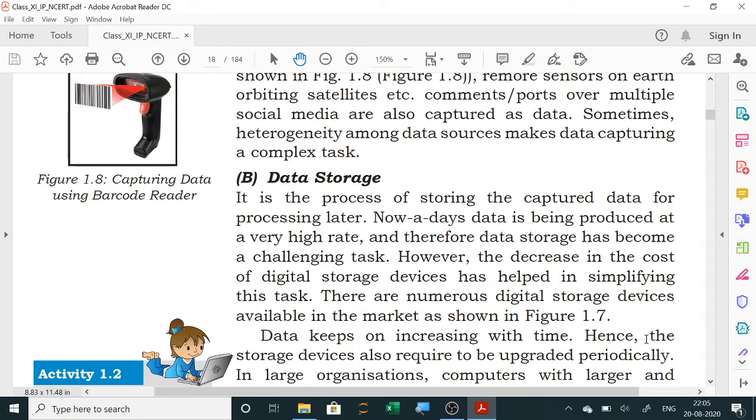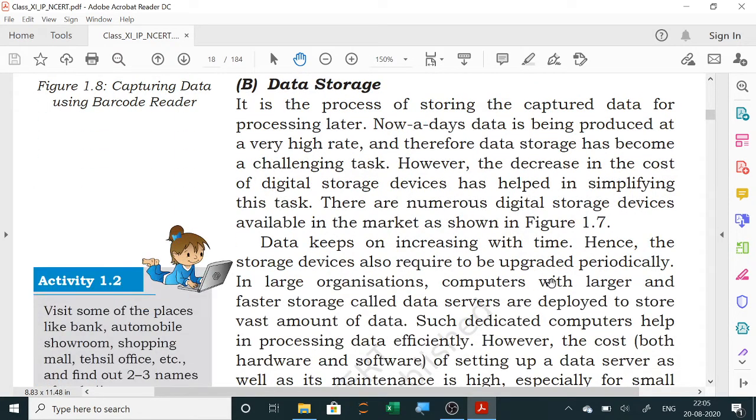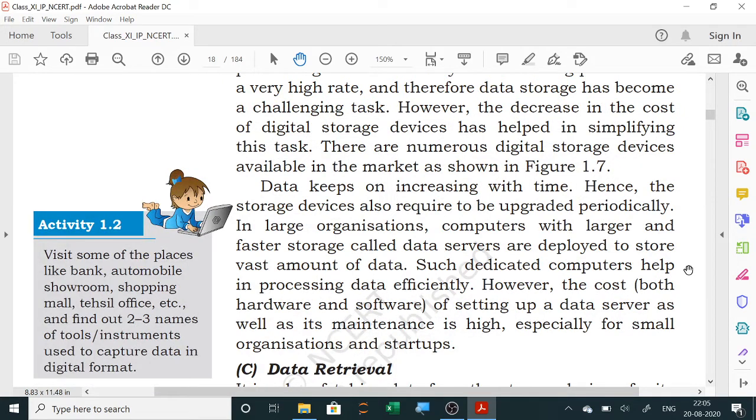However, the decrease in the cost of digital storage devices has helped in simplifying this task. There are numerous digital storage devices available in the market as shown. So, we are storing data in pen drives, compact discs, DVDs, or memory cards. So, there are so many methods to store the data.